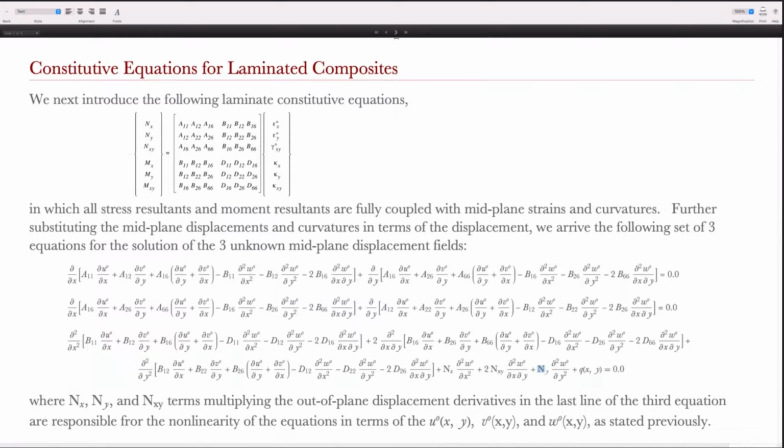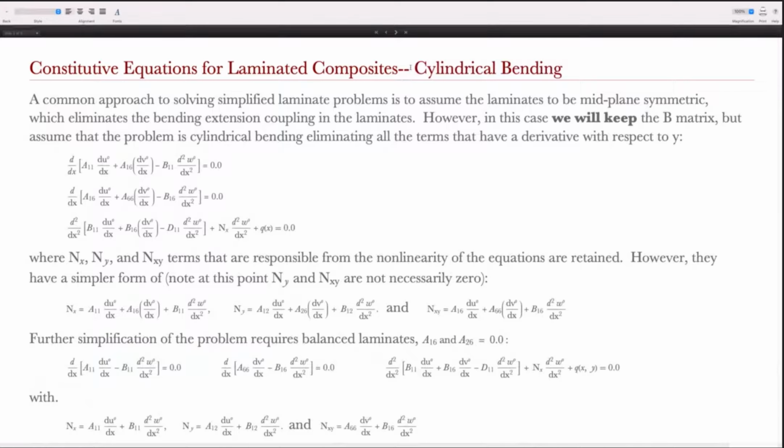Next chart basically makes the first simplification. We say, let's do cylindrical bending. And what cylindrical bending means, in short, is that any partial derivative with respect to y is ignored. There is no variation in any of the displacements in the y direction.